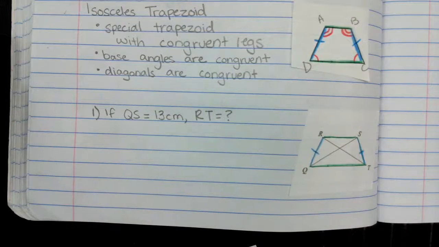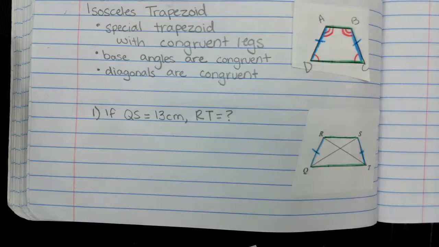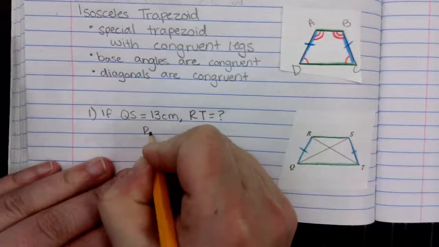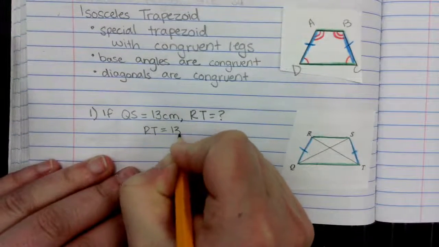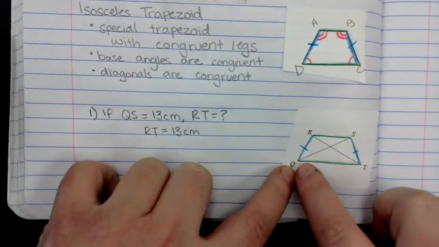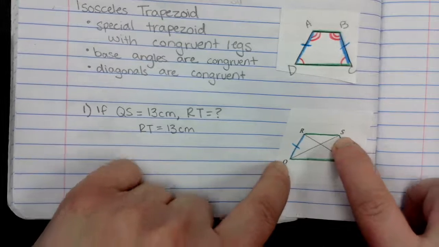How do you know? Because it's congruent. Beautiful. If one diagonal is 13, it goes across, it connects the corner to a corner. That's the same as the other diagonal if it's an isosceles trapezoid, which we know is isosceles because those sides are congruent.